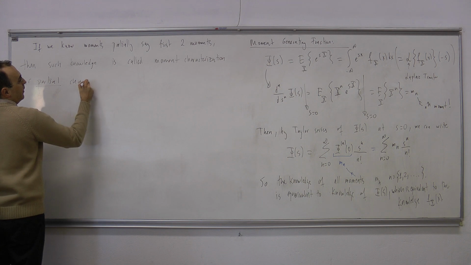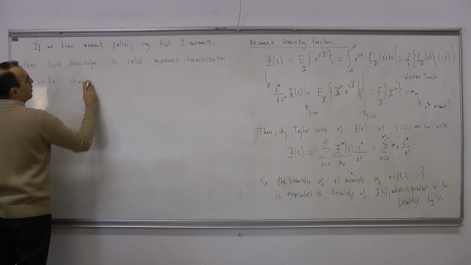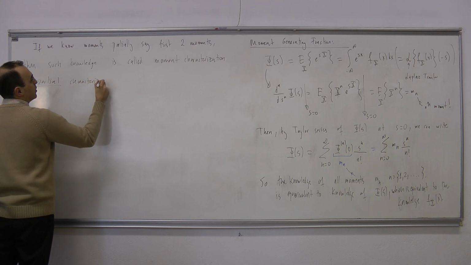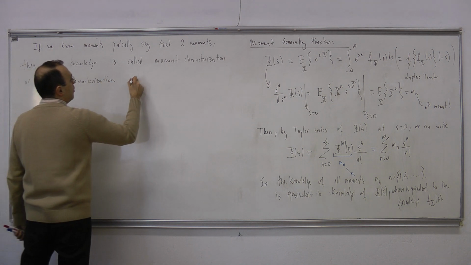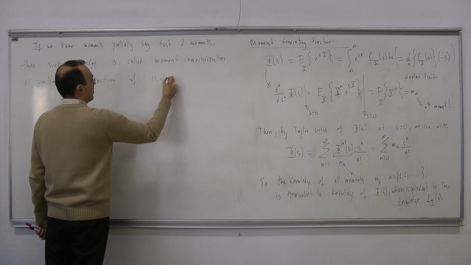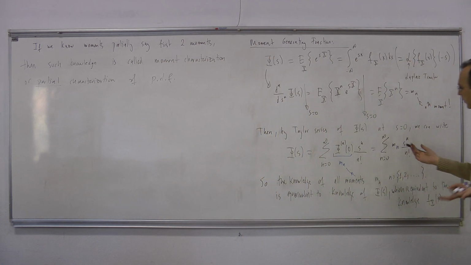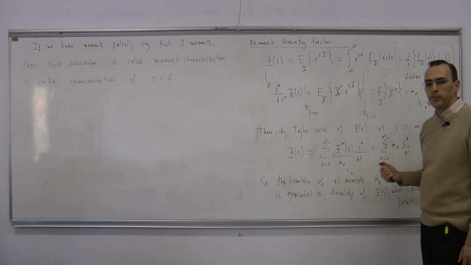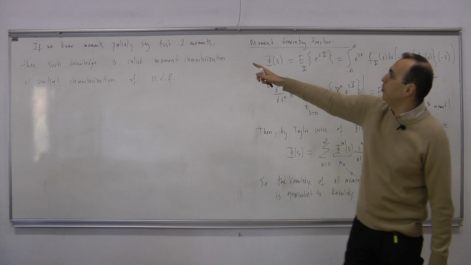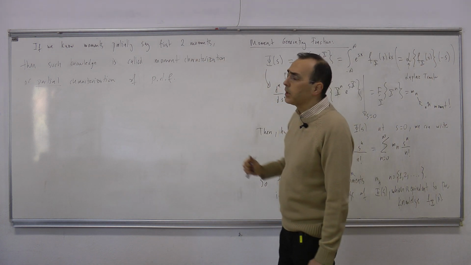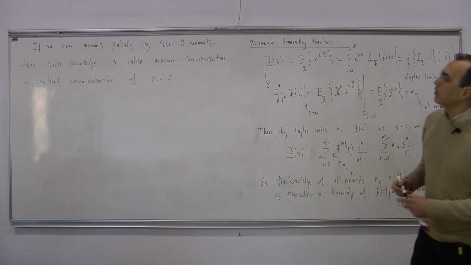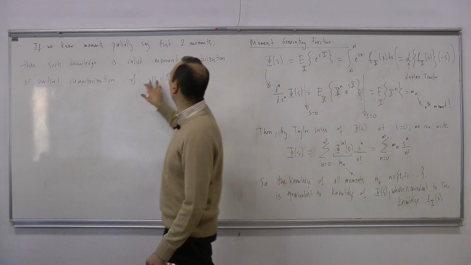Partial characterization of, let's say, the density, the PDF. Unfortunately, if I know only 2 of them, it's not very significant, but it carries some information. Only the first 2 moments are present, but still it carries some importance. We call this a partial characterization of this PDF.